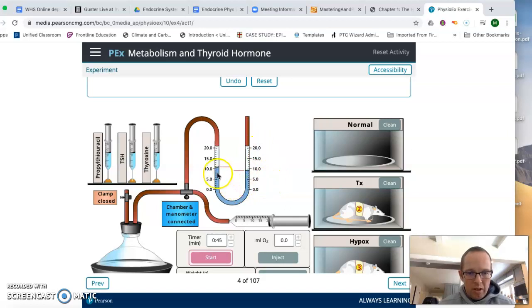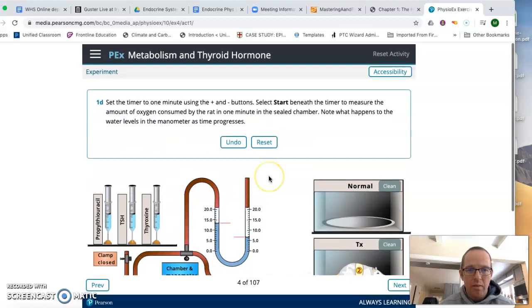You'll notice that up here on the left side it's rising because we're consuming some of the oxygen that's in this tube. As the amount of gas becomes less, the amount of water rises to fill that space and decreases in volume on this side.